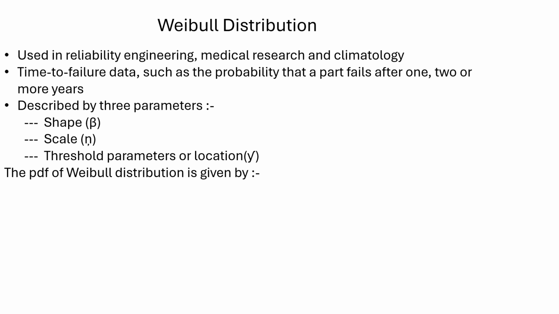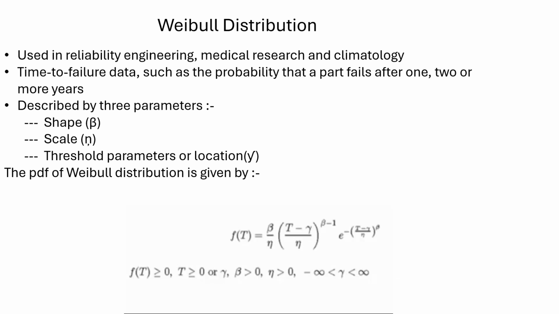Now the PDF of the Weibull distribution is given by f(t) equals beta by eta, whole bracket (t minus gamma) upon eta, whole to the power beta minus 1, e to the power minus ((t minus gamma) upon eta) whole to the power beta, provided f(t) is greater than or equal to 0, for t greater than or equal to 0 or gamma, beta greater than 0, eta greater than 0, provided gamma lies between minus infinity and infinity.